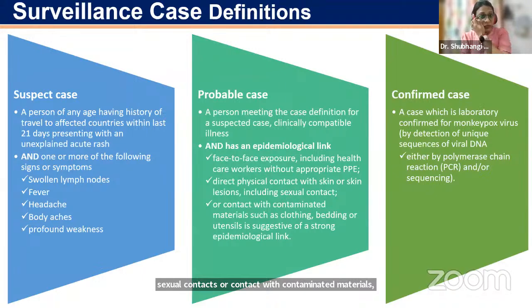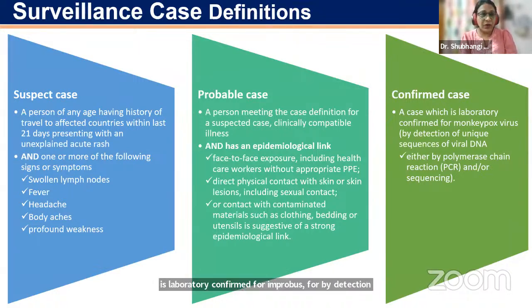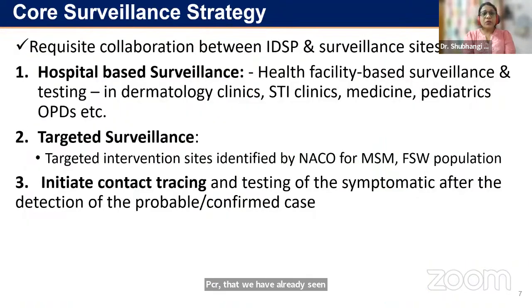These are suggestive of a strong epidemiological link. And how do we define a confirmed case? It is a case that is laboratory confirmed for Mpox virus by detection through PCR, which we have already discussed. Next slide.